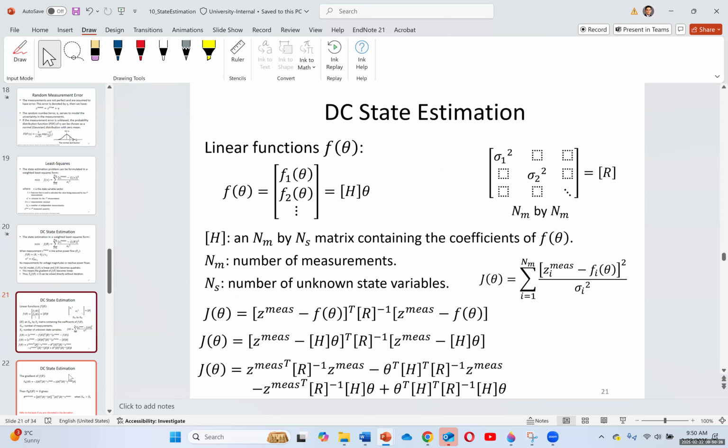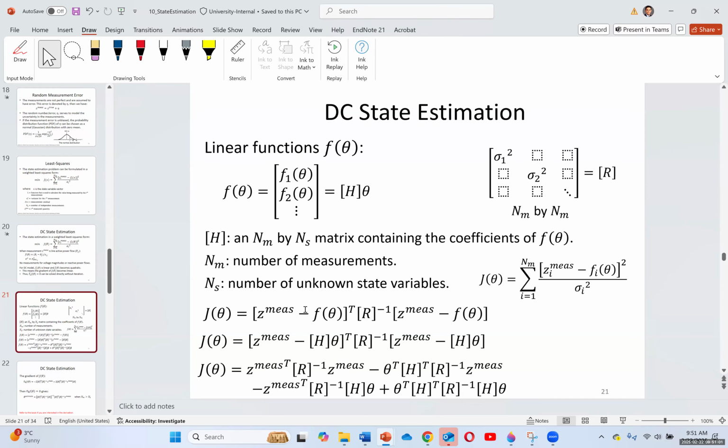So this is how we solve them. We have the linear function f(theta), which is f1(theta), f2(theta), and so on. We write it as H theta. H is an nm by ns matrix containing the coefficients of f(theta). nm is the number of measurements, and ns is the number of unknown state variables.